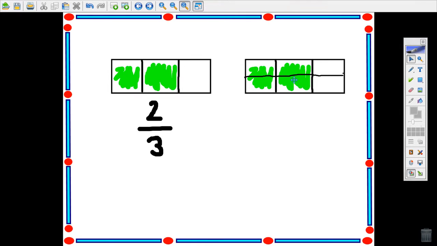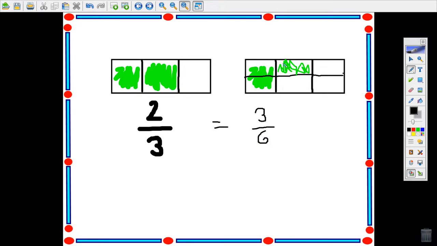For example, let's say this time we had 3 of these shaded in. So we're trying to find out if 2/3 is equivalent to 3/6.